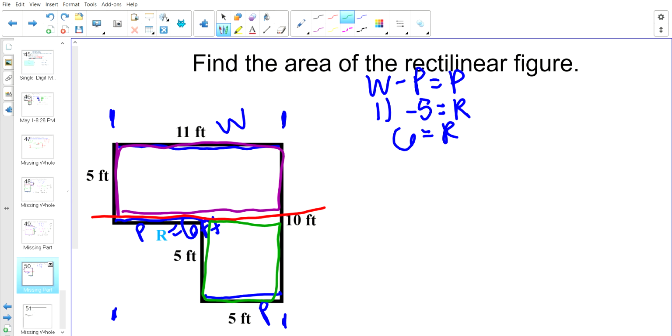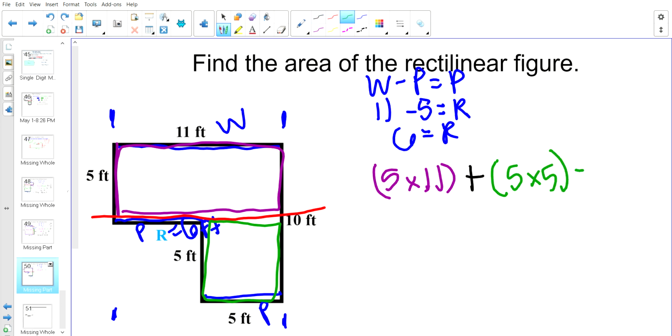Are you ready to check the area of the entire rectilinear figure? I'm sure you noticed that rectangle 1 is a 5 by 11. You know you needed to add rectangle 1 plus rectangle 2. Rectangle 2 was a 5 by 5 rectangle.